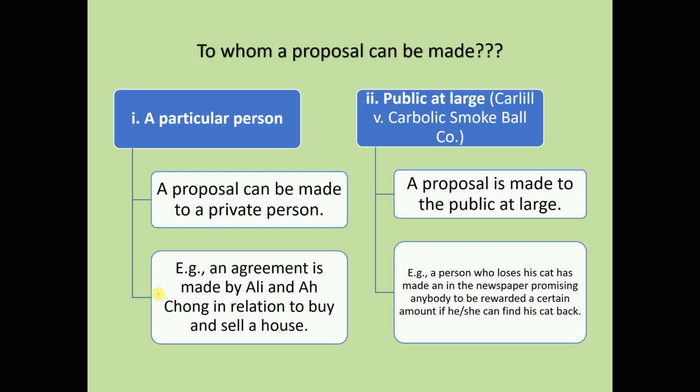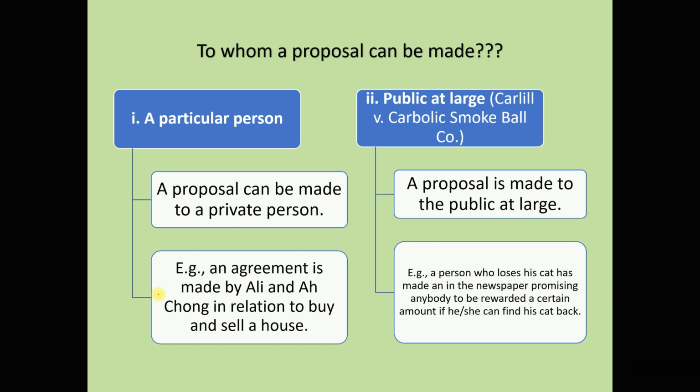For example, an agreement is made by Ali and Achong in relation to the buying and selling of a house. So these are very specific parties. There is also another scenario whereby the proposal is made to the public.